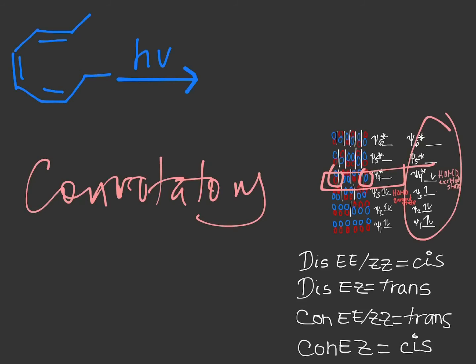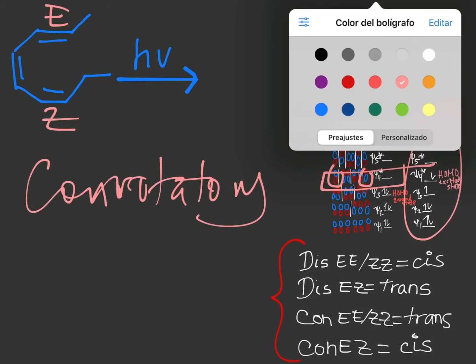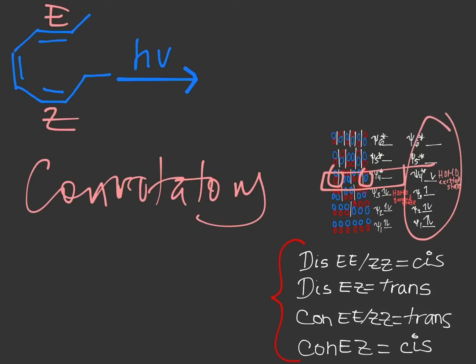We look at our molecule, we'll see that we have an E and a Z. And remember, for this table, we are not taking into account this one because it is a constant. We're just taking into account these two, the lateral ones.